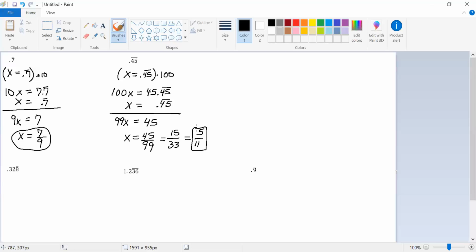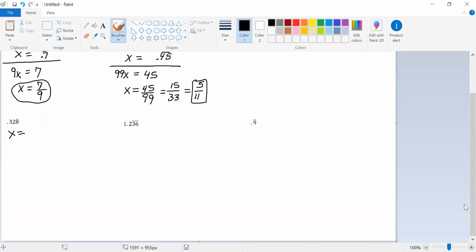All right, what about 0.328 repeating? The 8 is the only one repeating. So I'm going to do x equal to 0.328 repeating. I want the decimal to be right before the 8. So that means I'm going to have to multiply both sides by 100.